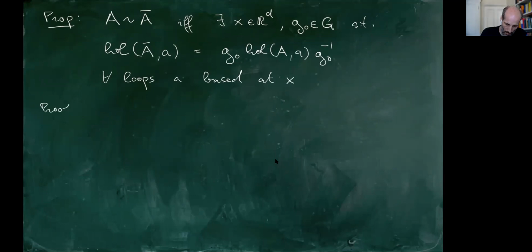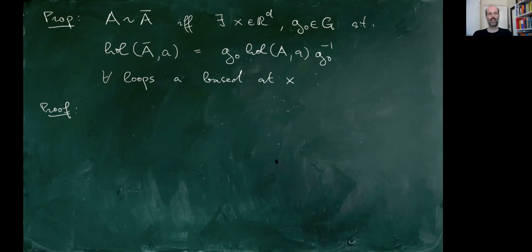You should think of this as telling you that these Wilson loop observables determine the equivalence class. We've seen that they are invariant under the gauge group, so clearly, if two things are equivalent, all the Wilson loop observables are the same. And this is some sort of a partial converse.